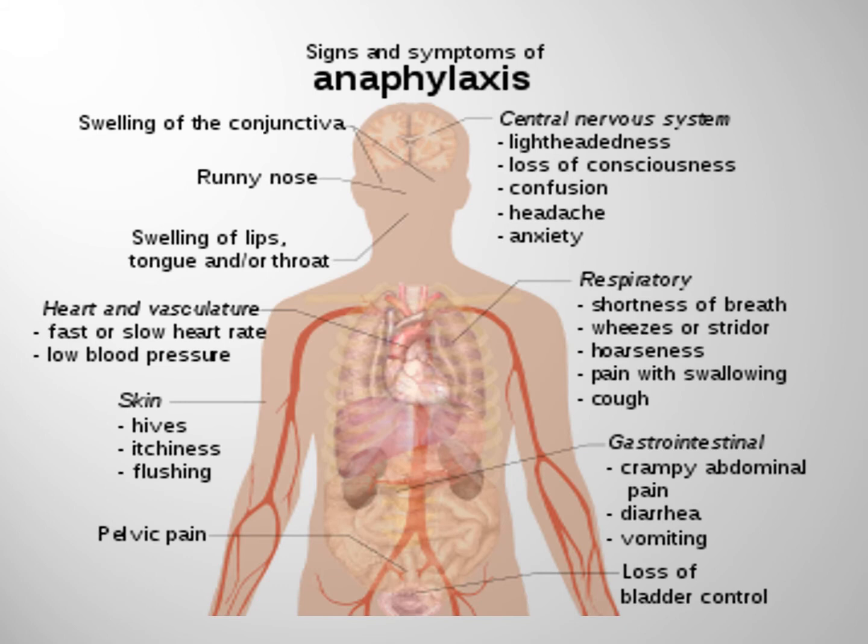Okay, so a slide on anaphylaxis, and it never hurts to go over anaphylaxis because it comes up over and over again in the setting of medications, in the setting of how it's treated. So having a good understanding of anaphylaxis is really important. So anaphylaxis is a severe allergic reaction.